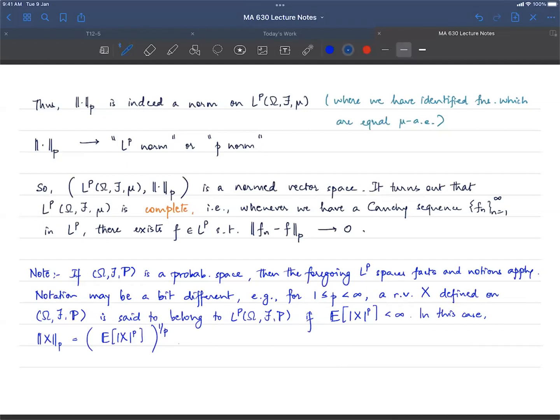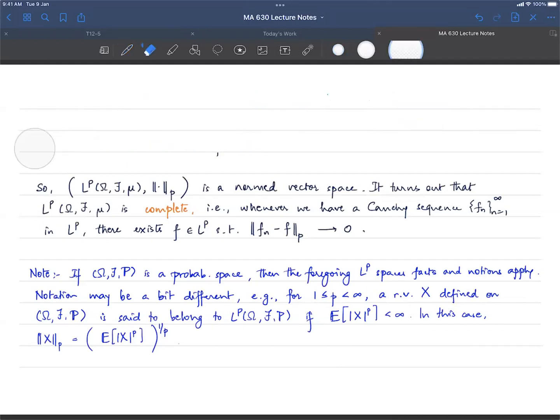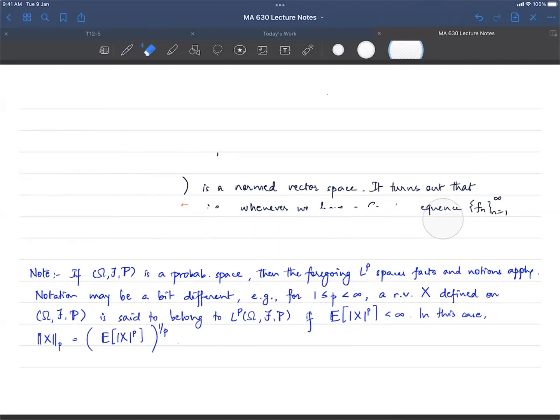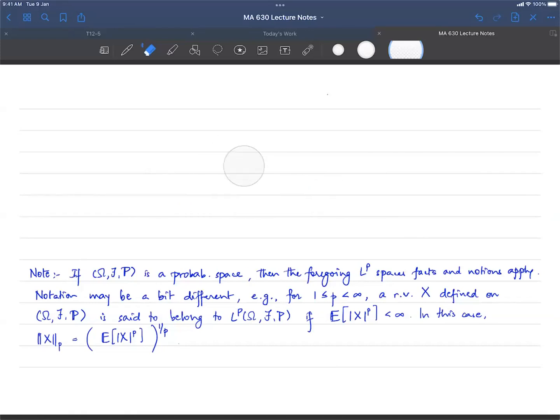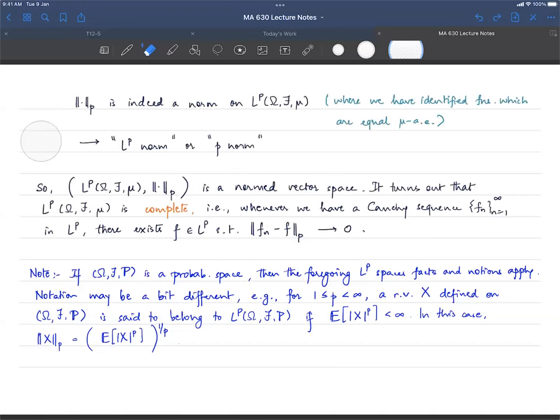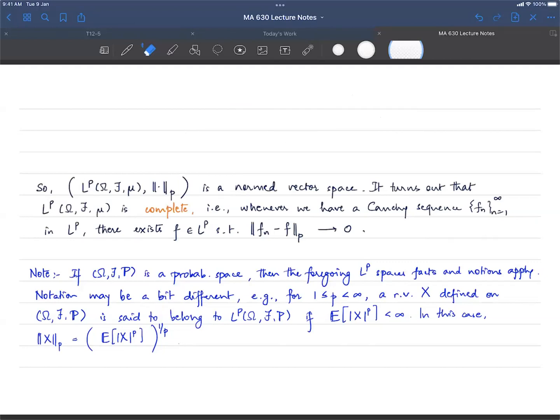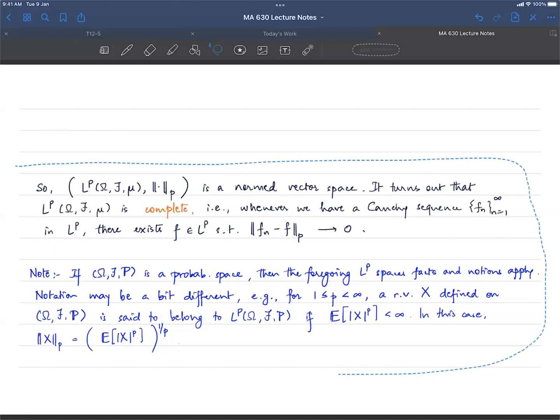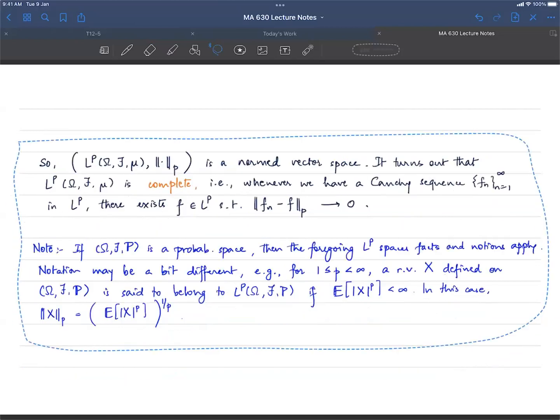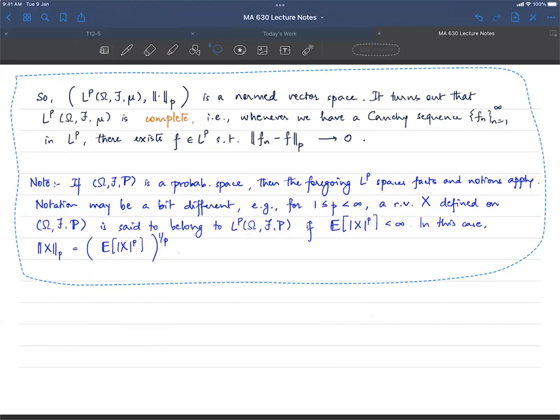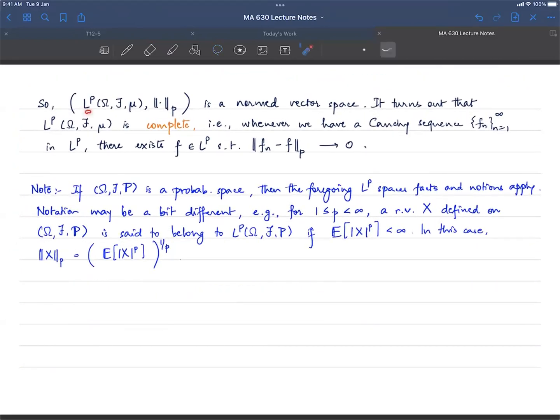Okay. And now again, this was a repeat from earlier, so I'll just erase this. Okay, so let's go over this. So L^p(Ω, F, μ) together with this symbol is a normed vector space.